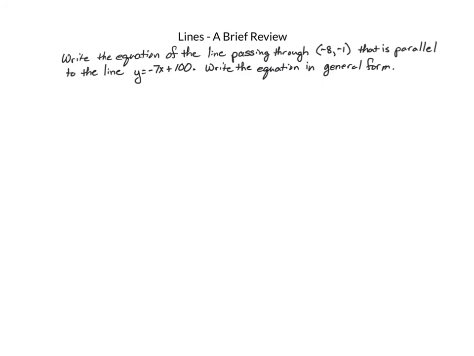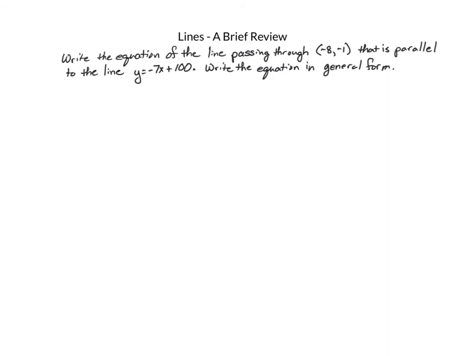In this next one, we're going to write the equation of the line passing through -8, -1 that is parallel to the line y equals -7x plus 100. And in this one, we're asked to write the equation in general form. So there are a few things in this one that we haven't talked about yet. Recall that lines are parallel if they have equal slopes.